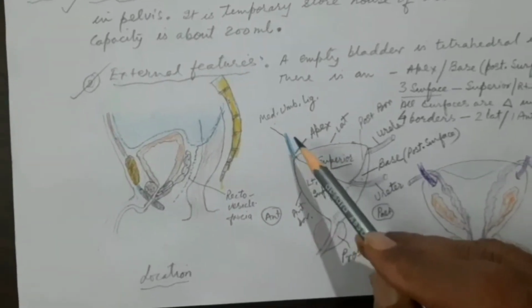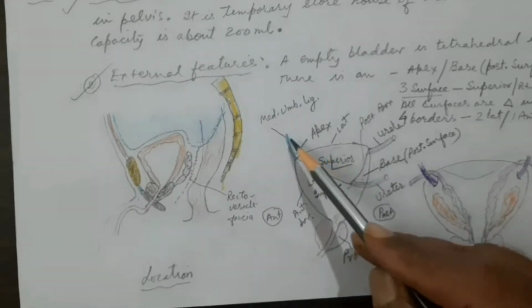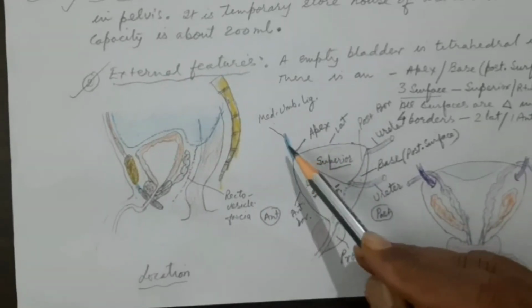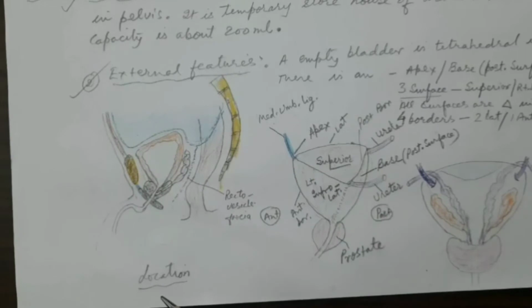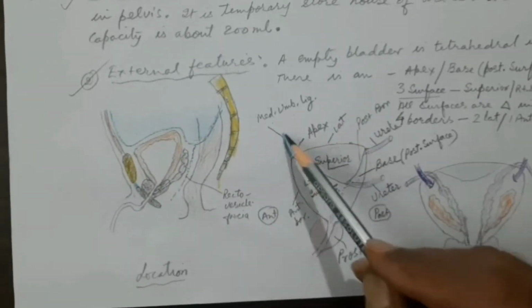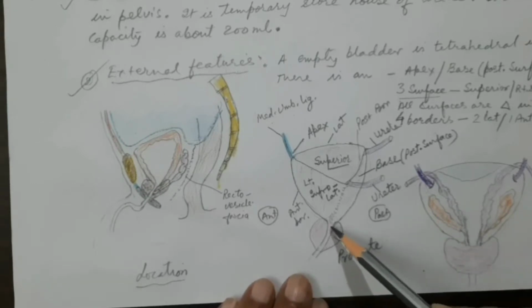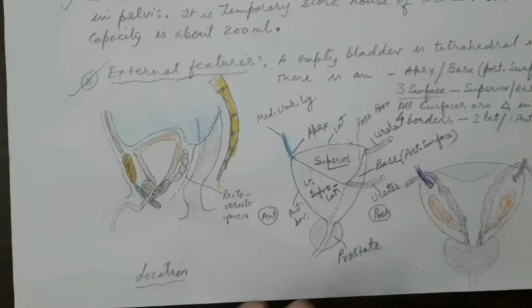This urachus, a tubular structure extending up to the umbilicus, gets obliterated and forms the median umbilical ligament. So from the apex to the umbilicus, this fibrous band is called the median umbilical ligament. And at the neck, I have shown you that this is the prostate.